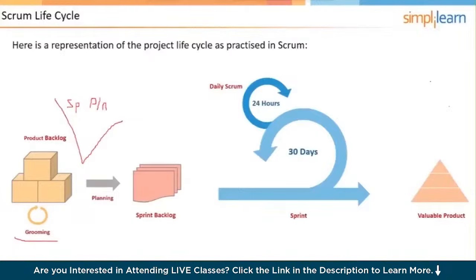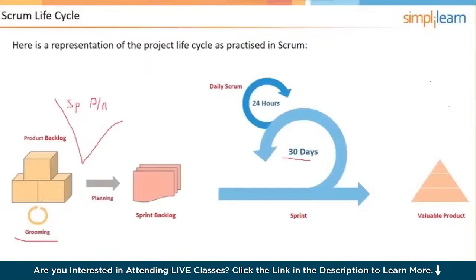In the Sprint Planning Meeting, it is a time-boxed event, and it is time-boxed to 2 hours for each week of the sprint. So in our example here, we have a 30-day sprint. So if we have a 4-week sprint, then our sprint planning meeting will be 8 hours in duration.